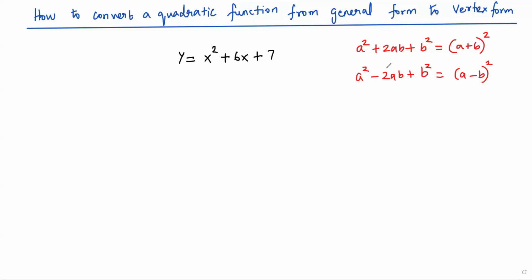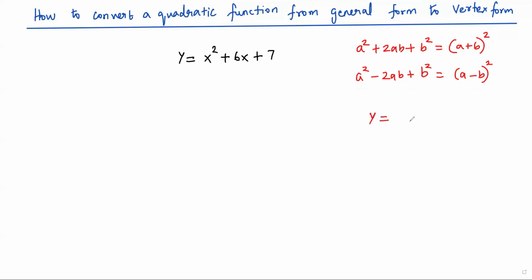Whenever we have a trinomial in the form a² + 2ab + b², or a² − 2ab + b², it is called a perfect square trinomial, because a trinomial in the first form can be written as the square of the binomial (a + b)², and the trinomial in the second form can be written as the square of a binomial, that is (a − b)².